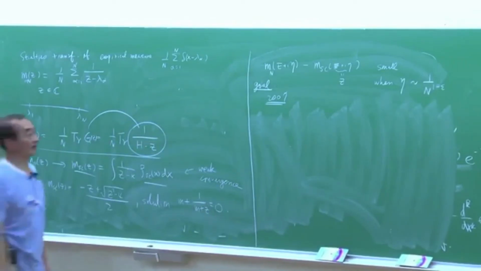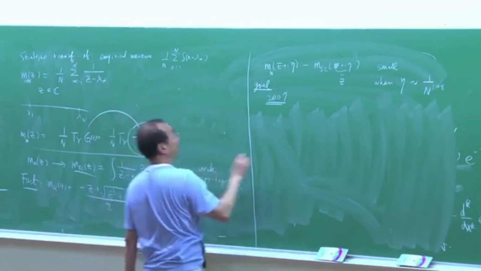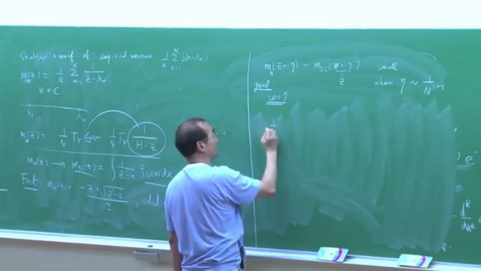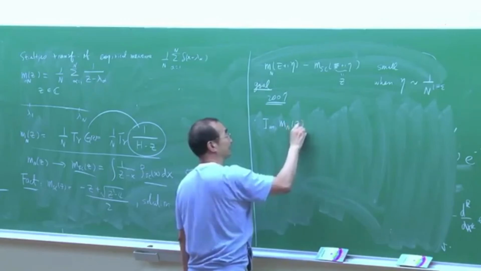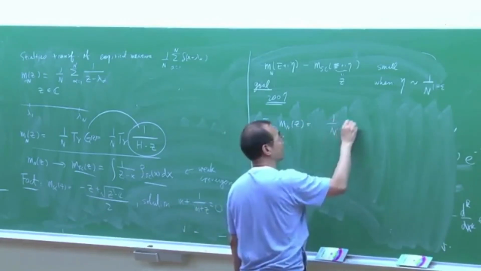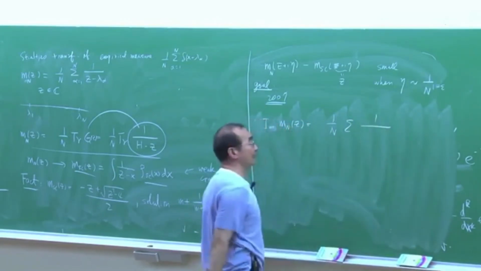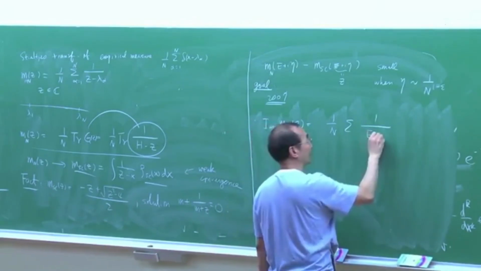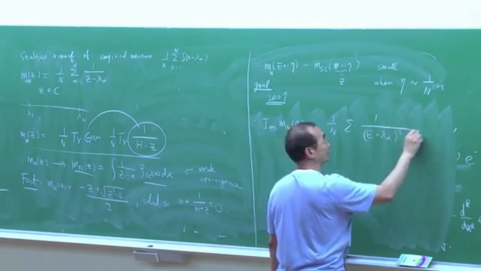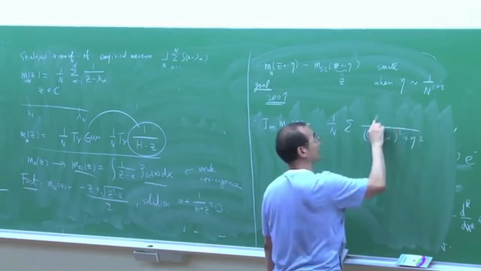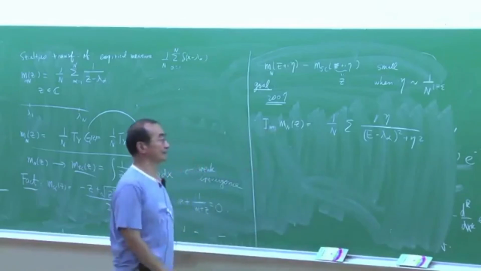So let me explain the idea. If you look at this guy, just look at the imaginary part. It's 1 over n summation of eta over ((E minus lambda alpha) squared plus eta squared).